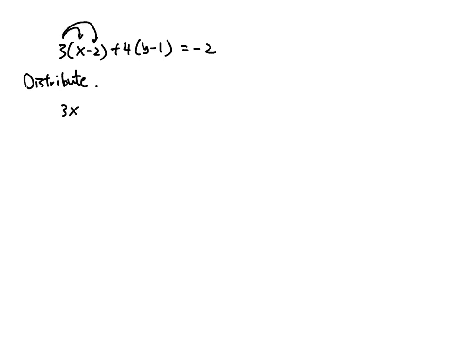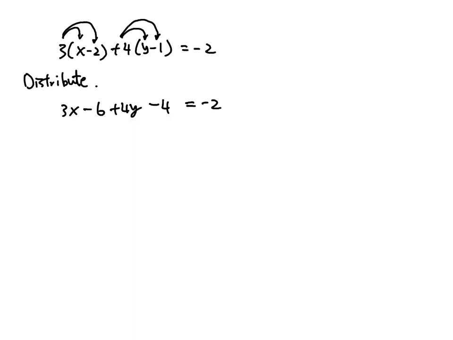Okay, next question. You have 3x minus 2 plus 4y minus 1 equals negative 2. Let's clean things up a little bit. So let's distribute. Can't spell today. 3x minus 6 plus 4y minus 4.